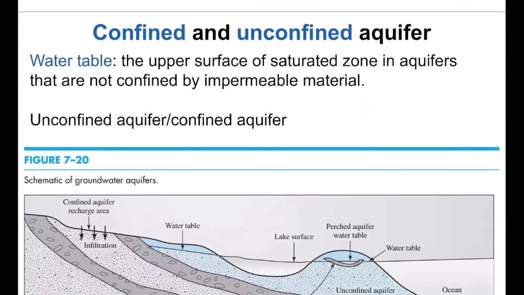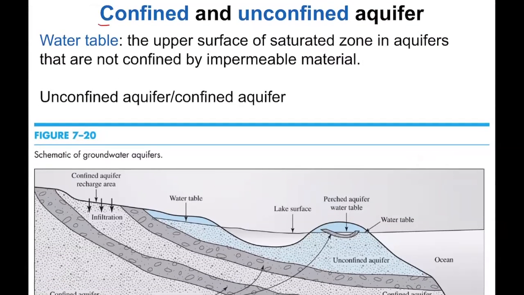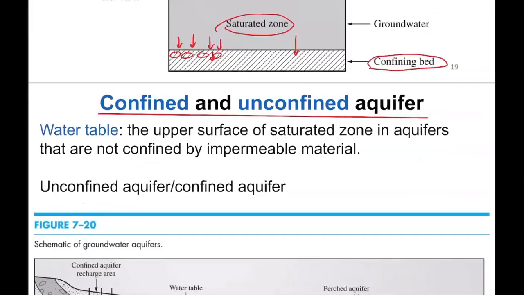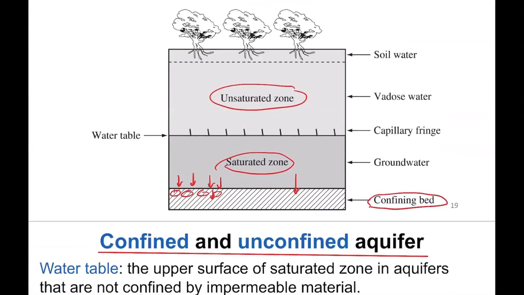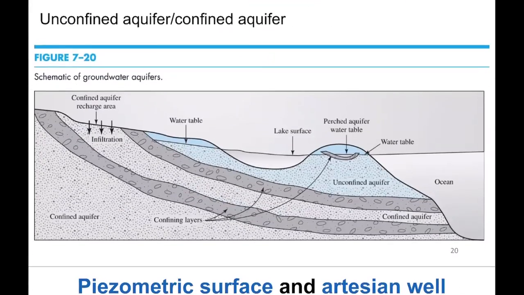Because of that, for the groundwater, we have confined and unconfined regions, basically to define the saturated zones and unsaturated zones. Okay, for example, we're talking about this confining bed. For this confining bed, it's not always a flat layer. There can be layers that just look like this.